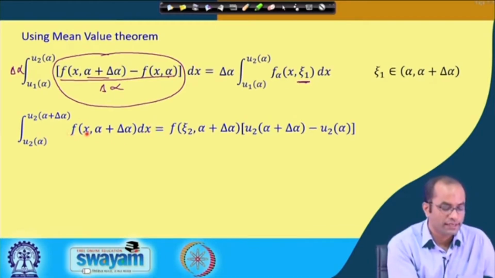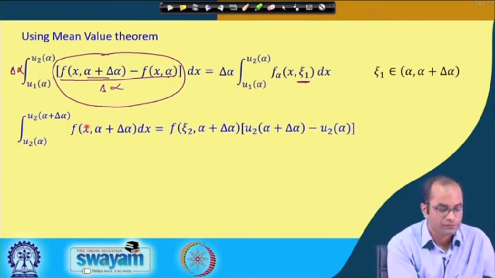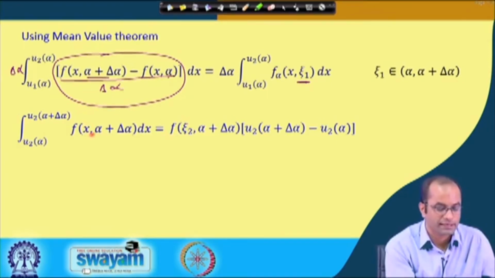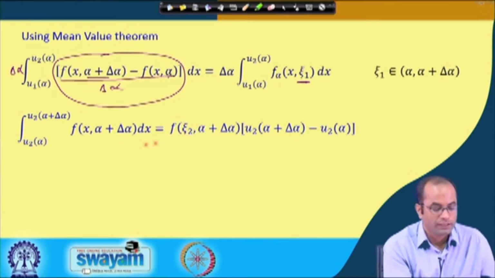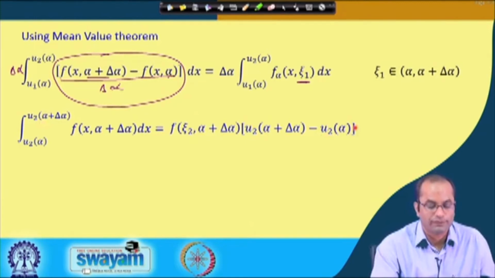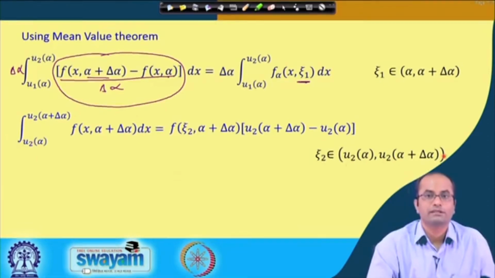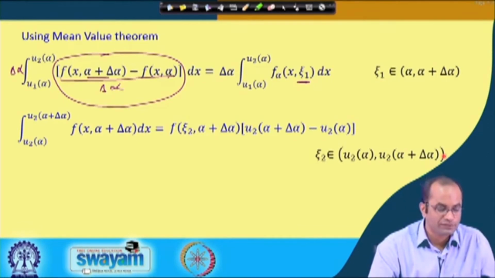So, there will be a point somewhere in the limits of this integral where the integral value will be equal to f at that point. So, this x will be replaced by this xi 2 and alpha plus delta alpha as it is, and then the difference of the limits, u 2 alpha plus delta alpha minus u 2 alpha, where now this xi 2 belongs to these limits somewhere, u 2 alpha to u 2 alpha plus delta alpha. So, that was the mean value theorem for integral calculus.